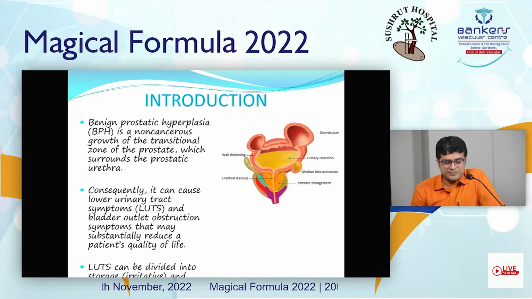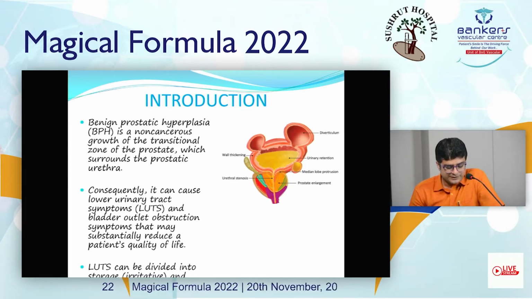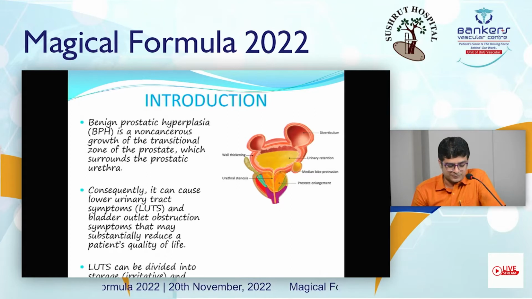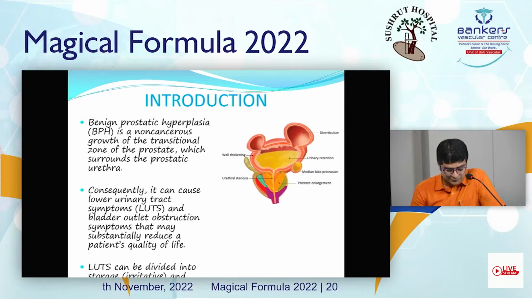When it becomes enlarged, it compresses the urethra and causes various symptoms. These symptoms are called LUTS, lower urinary tract symptoms, and bladder outlet obstruction. It significantly degrades the quality of life in an old age male.